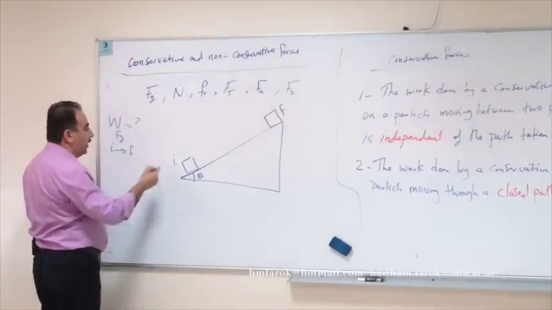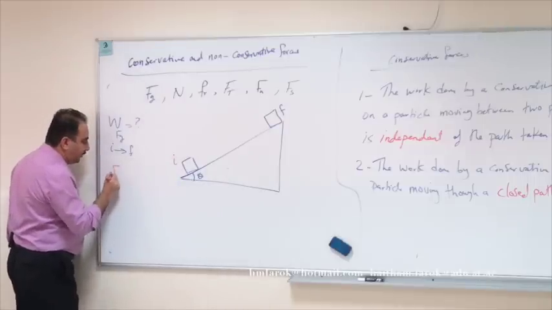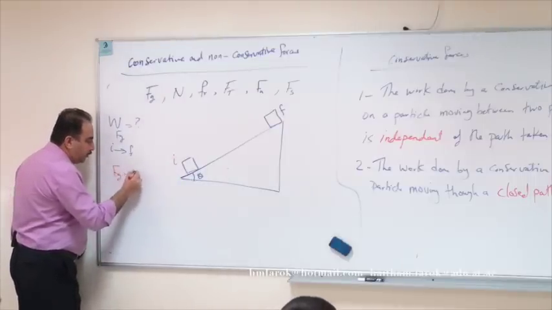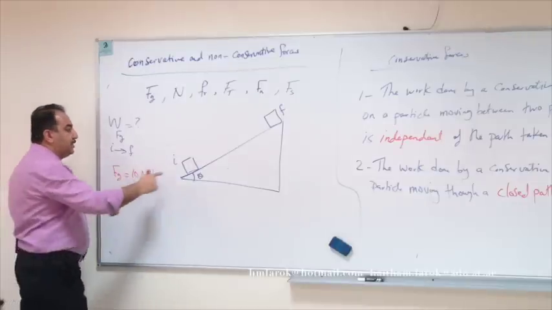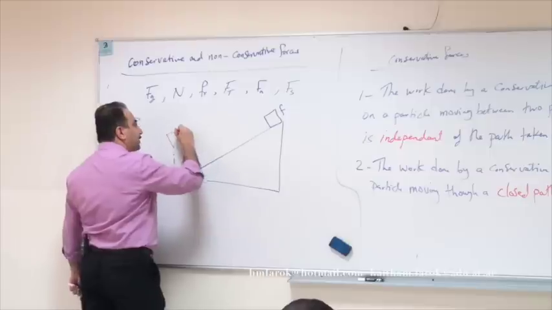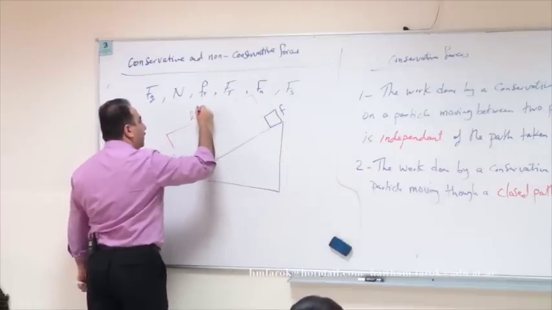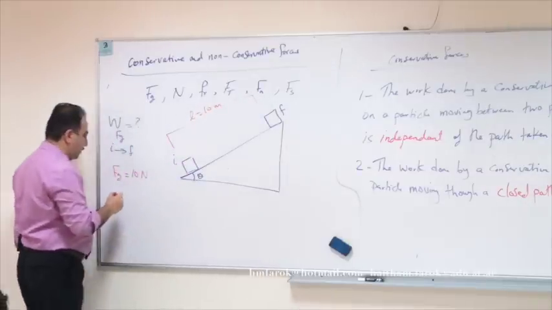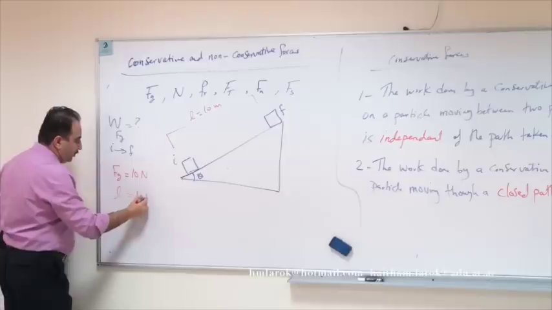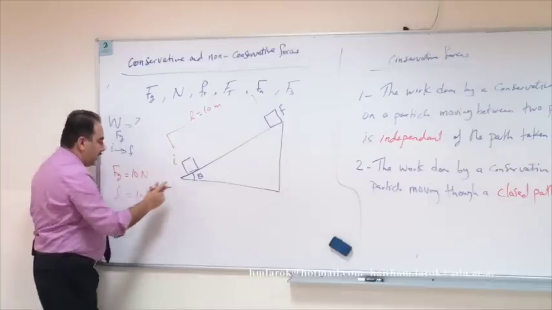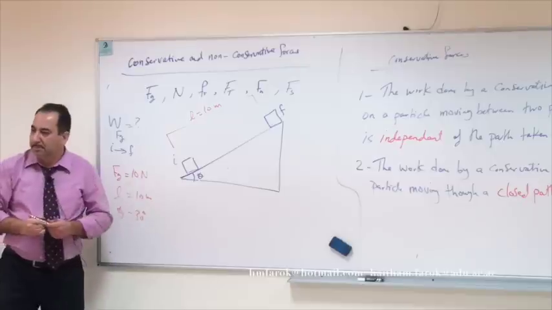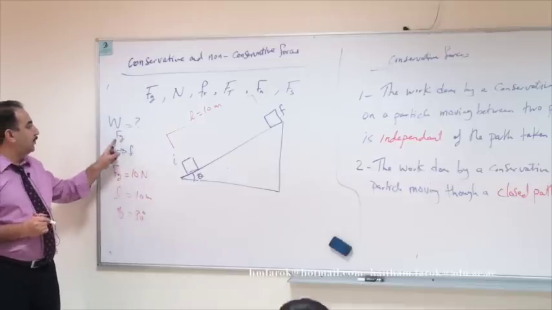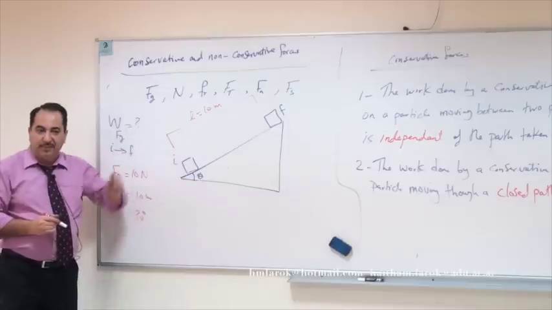Let's say in this question, Fg value is 10 Newton. The mg completely 10 Newton. And let's say from I to F, this distance L, 10 meters. And let's say theta here, 30 degrees. And the question is find the work done by gravity force.